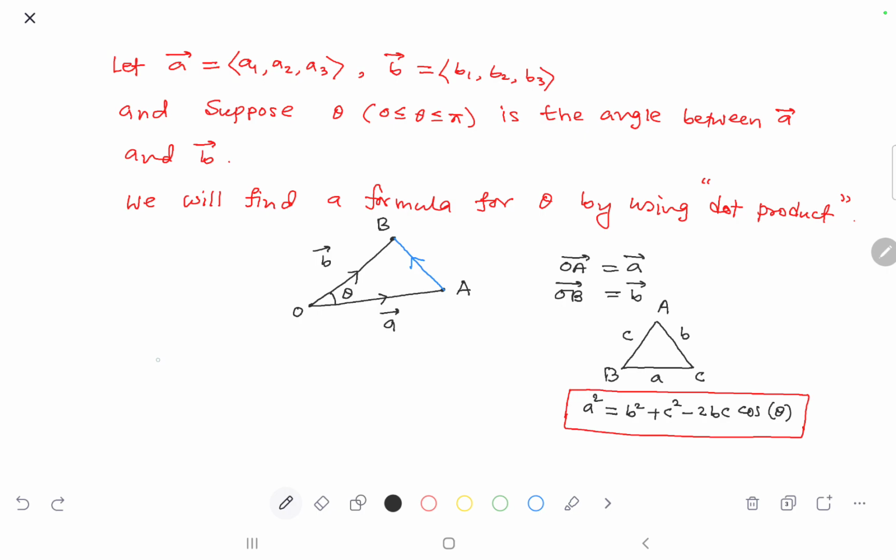So this means the vector AB, the length AB square is nothing but OA length whole square, plus OB length whole square, minus 2 into OA length, OB length, cosine of theta, right?